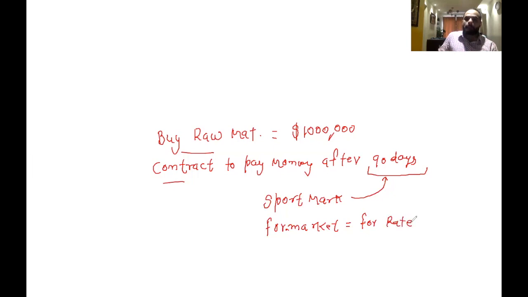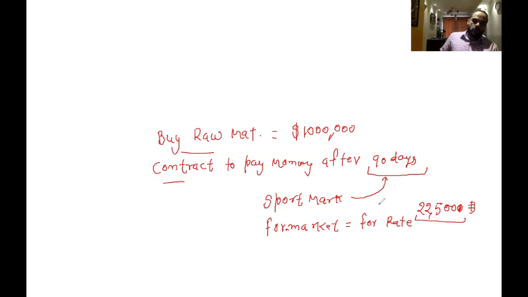Forward rate means a predetermined rate, the rate we decided. For example, the forward rate is 22,500 Vietnam dong. This is the exchange rate in the signed contract.